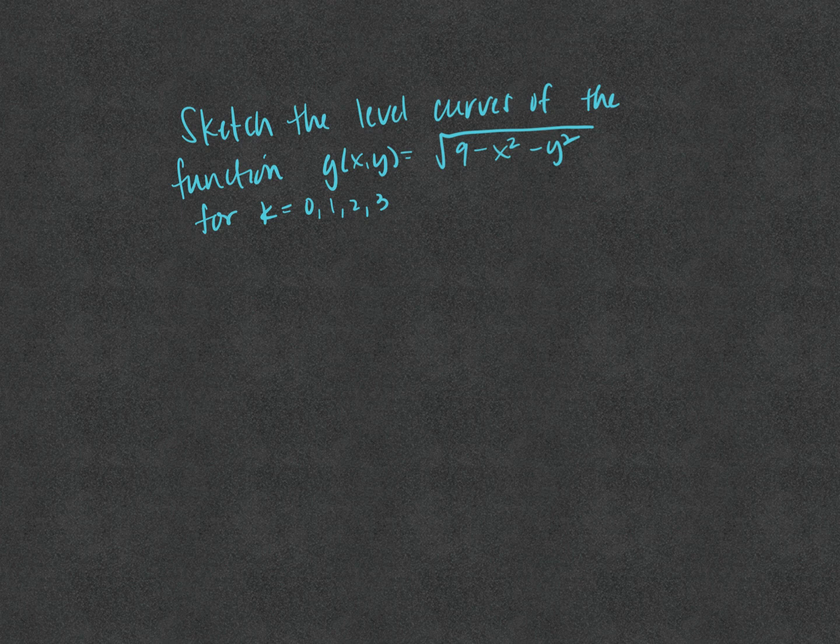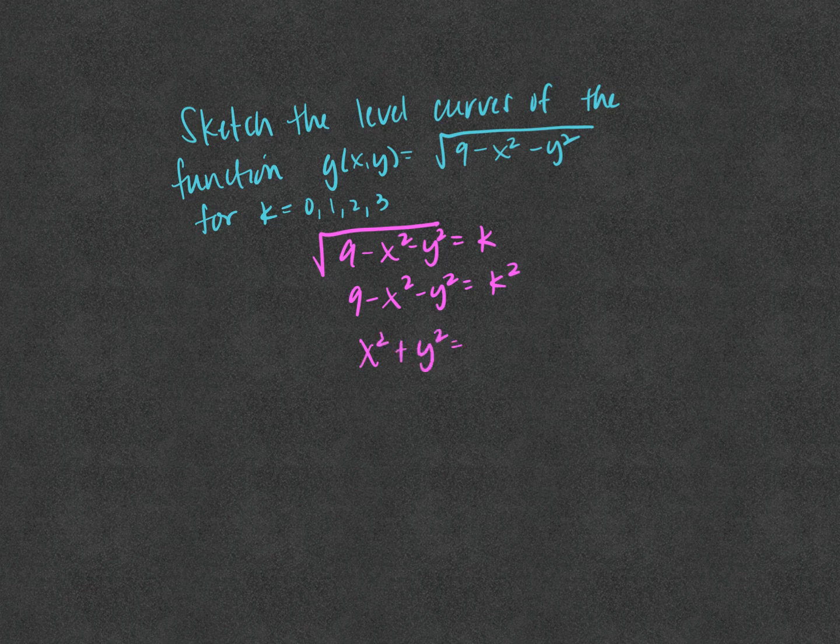So we start off the same way and say the square root of 9 minus x squared minus y squared equals k. If we square both sides, because the best way to start is to get rid of your square root, then we can rearrange things to say x squared plus y squared equals 9 minus k squared.